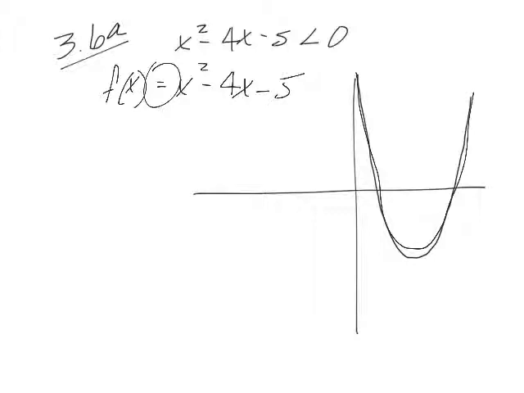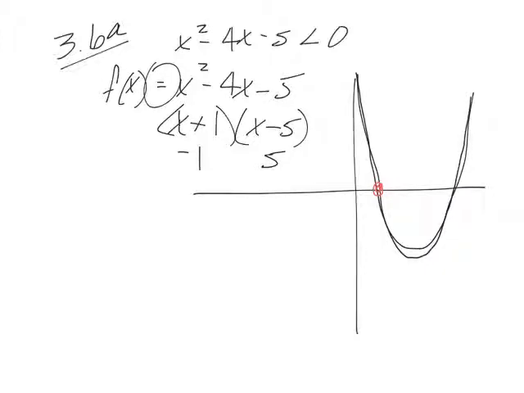Okay, so we find out that x squared minus 4x minus 5 breaks down into two factors, x plus 1 and x minus 5, just using real easy factoring. It tells me that my zeros are negative 1 and 5. Actually, my graph is not a very good graph.